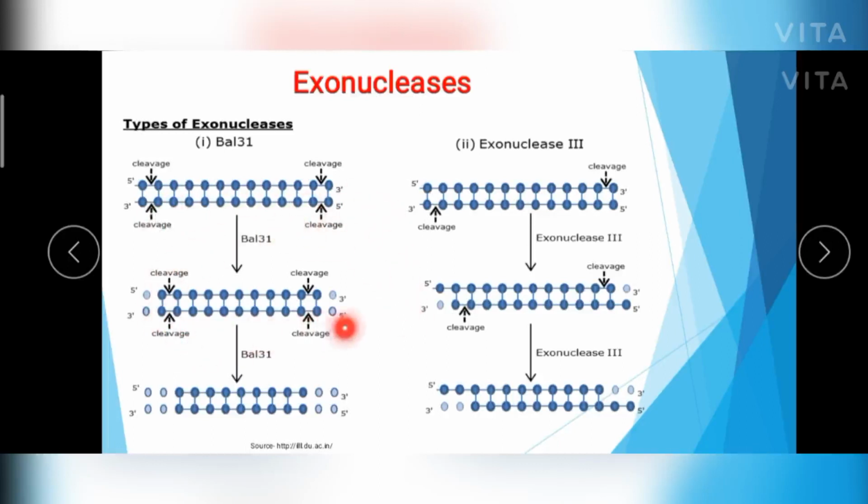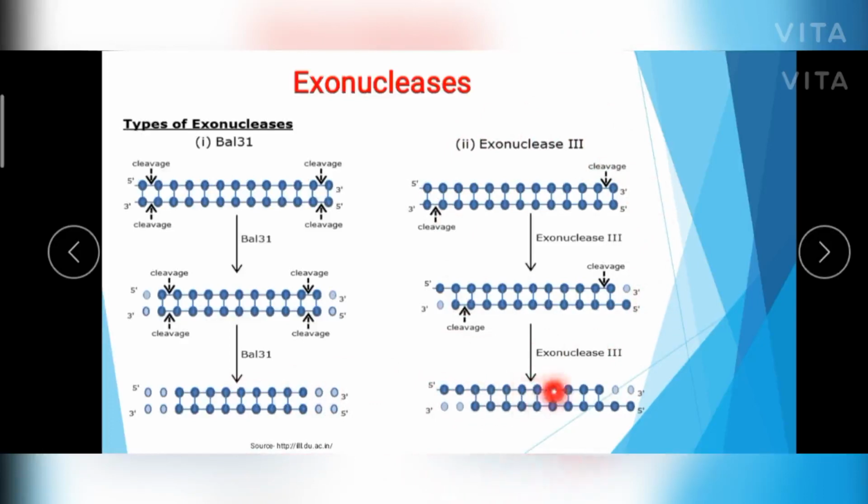Suppose you incubate the DNA fragments with this BAL31 exonuclease for a period of time. As you increase the time period, the length of the fragment shortens. In that manner, the exonuclease cuts both the strands and shortens the length of the DNA. Exonuclease 3 cuts particularly at the 3' ends.